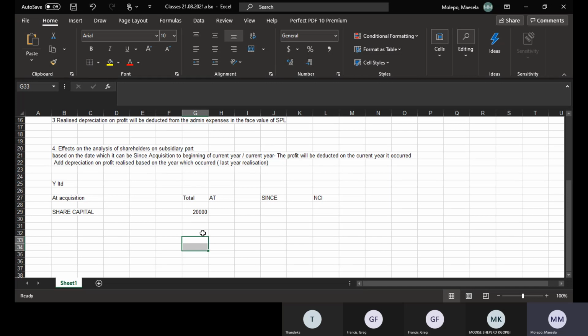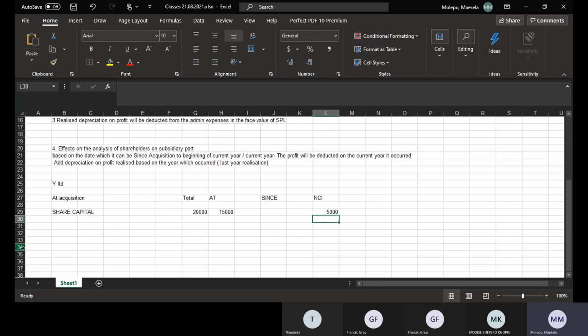So we say 15 divided by 20, which is 75%. So 20 times 0.75, we have 15,000 on the at, and then the NCI will be 5.